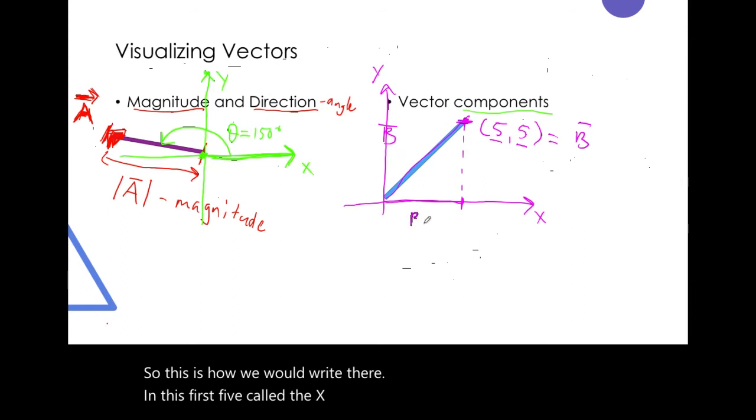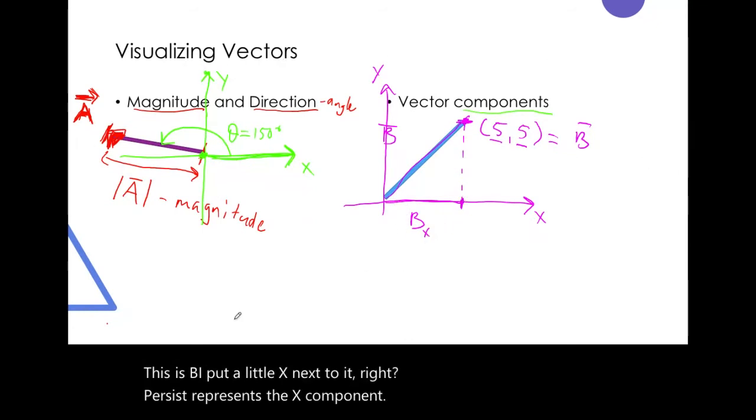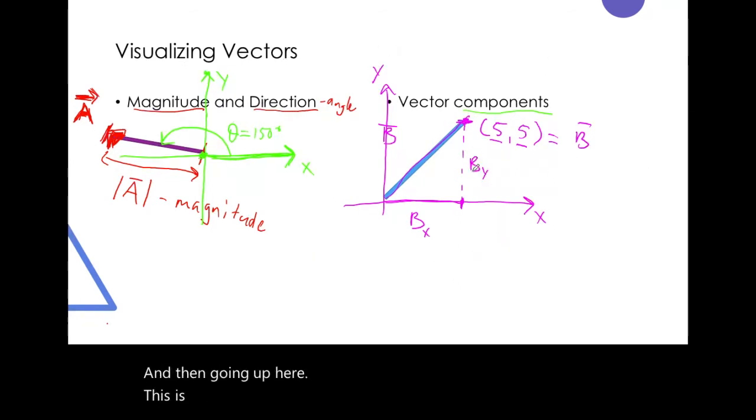So down here, this is B, and I put a little x next to it because this represents the x component. And going up here, this is B y, because that's our y component. So Bx is 5, and By is also 5.